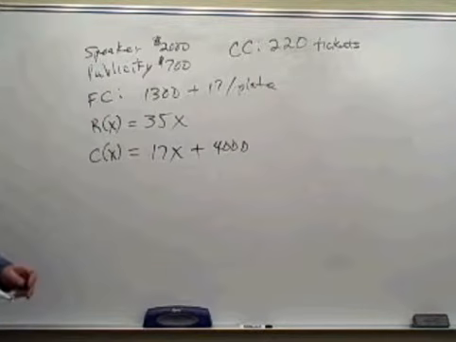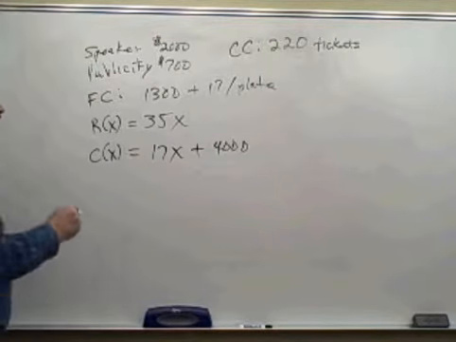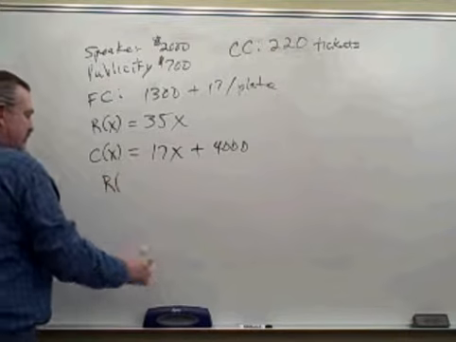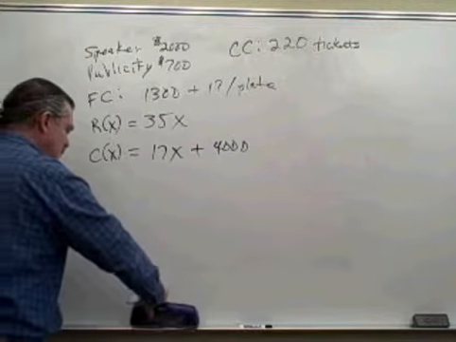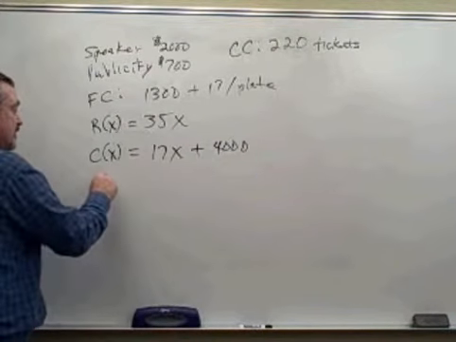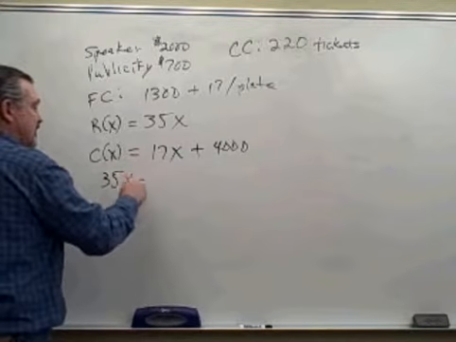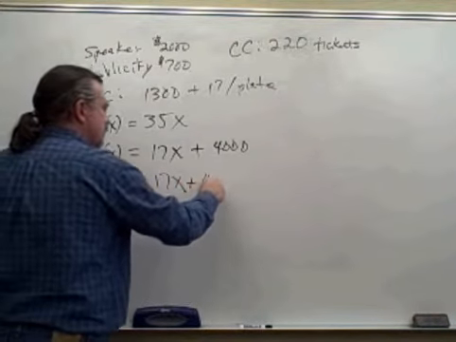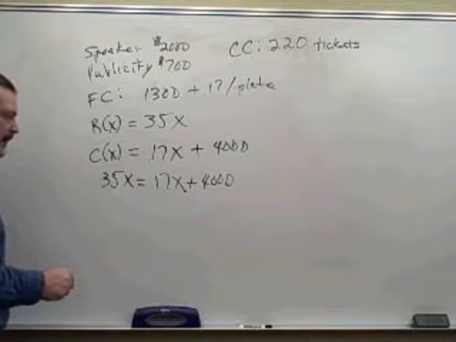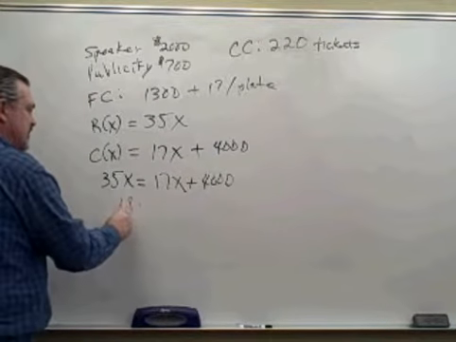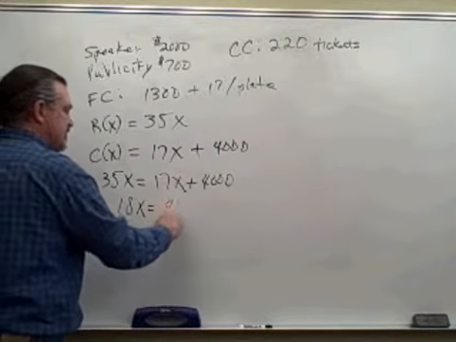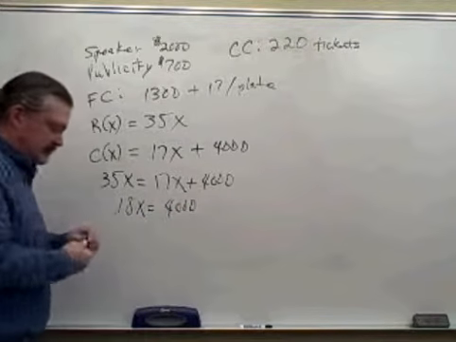Our fixed costs are $4,000. So now my break-even calculation looks like this. 35x equals 17x plus 4,000. Subtracting 17x from both sides, I get 18x equals 4,000.